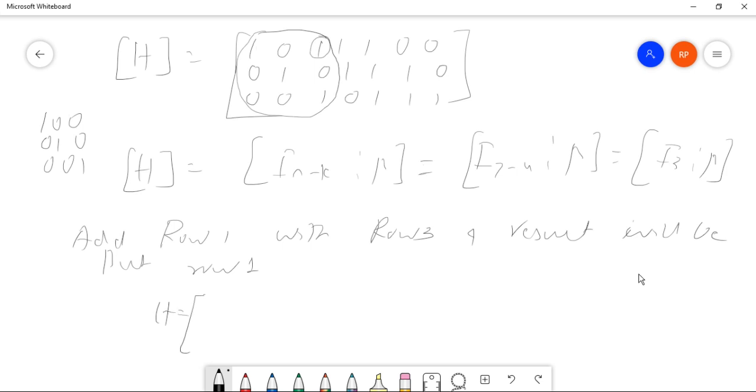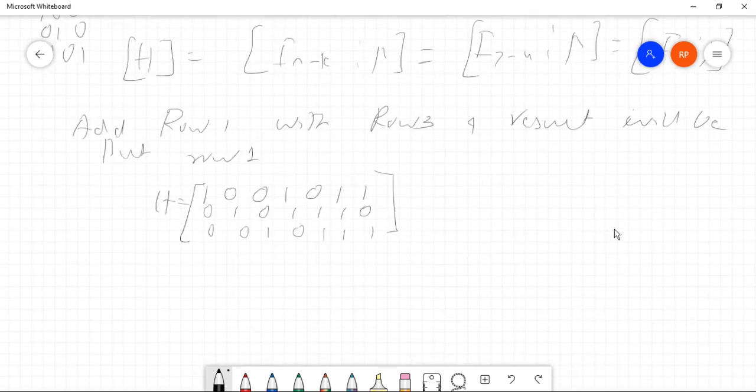So 1 and 0, it will remain 1. 0 plus 0 remains 0. Next 1 plus this one will be 0 because we are adding modulo 2, right? Next this one will be added with this 0, it will be 1. 1 plus 1 will be 0. 0 plus 1 will be 1. 0 plus 1 will also be 1. So the second row will remain the same. Third row will also remain the same. So we got a standard H matrix.